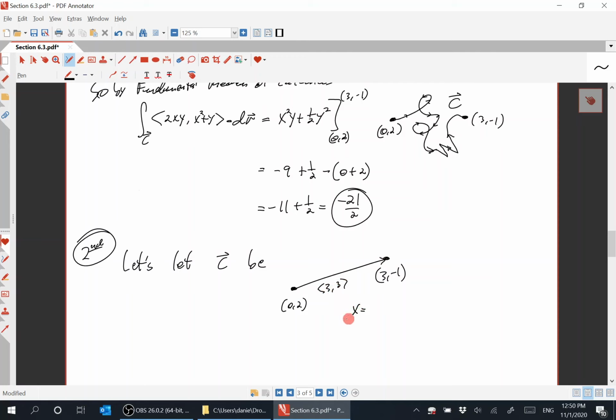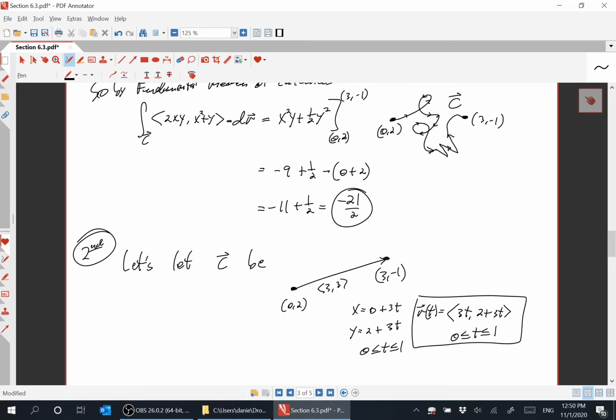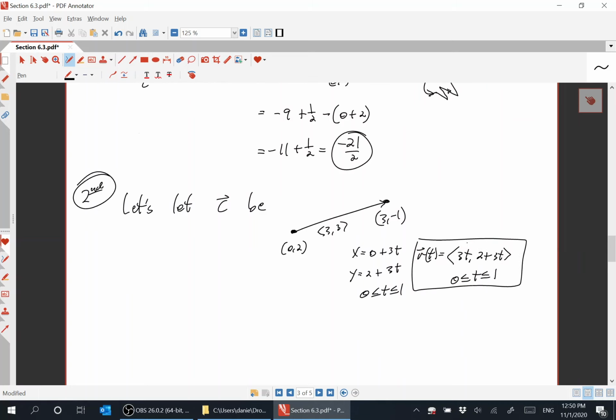So we have x equal to the beginning endpoint, 0, plus 3t. y equal to the beginning endpoint, 2, minus 3t. 0 less than or equal to t, less than or equal to 1. So r of t is equal to 3t, 2 minus 3t, 0 less than or equal to t less than or equal to 1. So that's a standard parameterization of that line segment between these two endpoints.